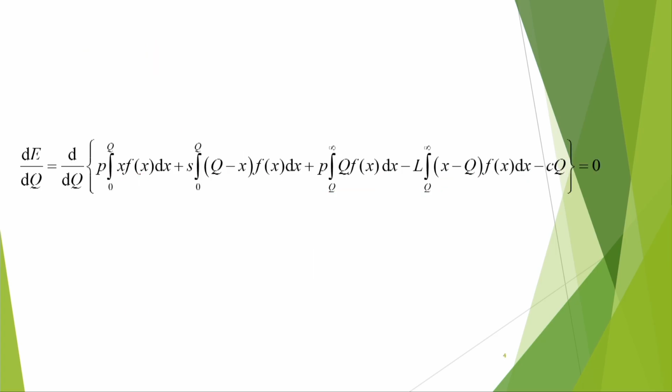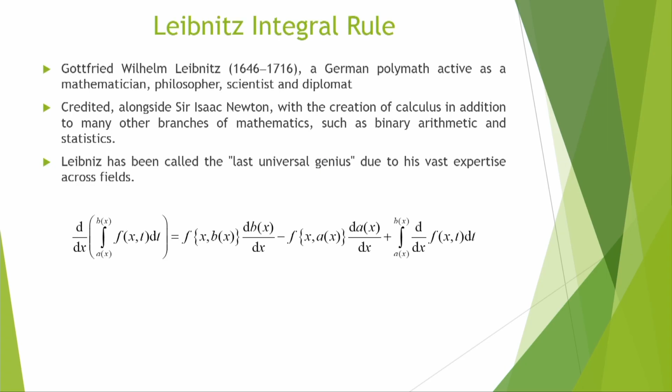First, we have to do d by dQ equal to 0. So we use the Leibniz integral rule. Leibniz was born in 1646 and died in 1716. He was a German polymath, active as a mathematician, philosopher, scientist and diplomat.